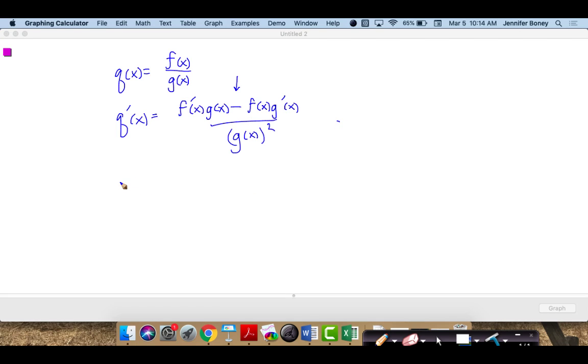So if I have something like q of x equals 4x plus 2 over 2 to the x. Let me not use 2, there's too many 2's in there. 3 to the x. As long as I can find the derivative of the numerator and the derivative of the denominator, all it is is putting these in place.